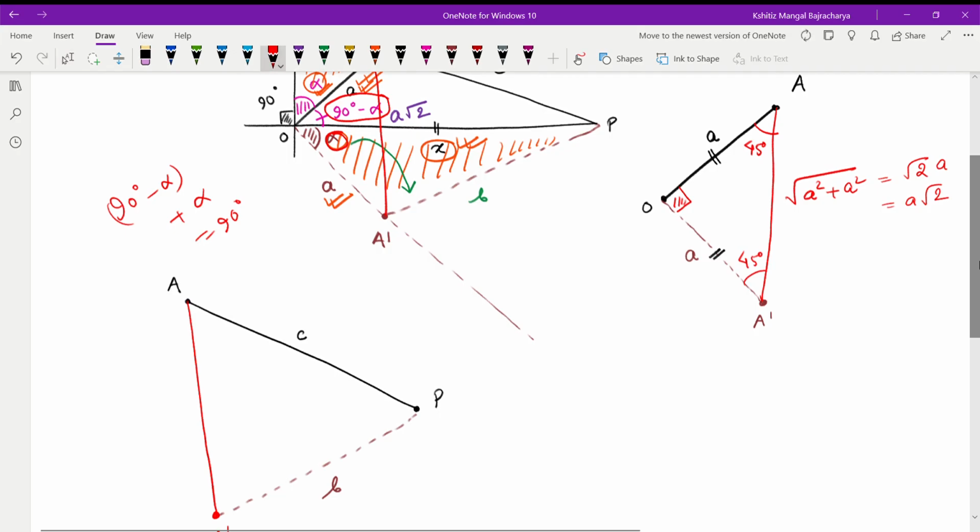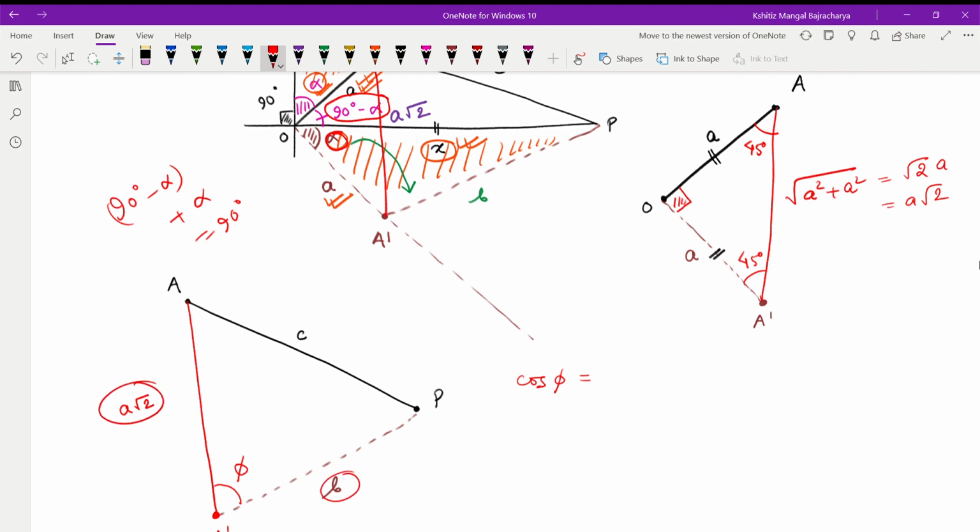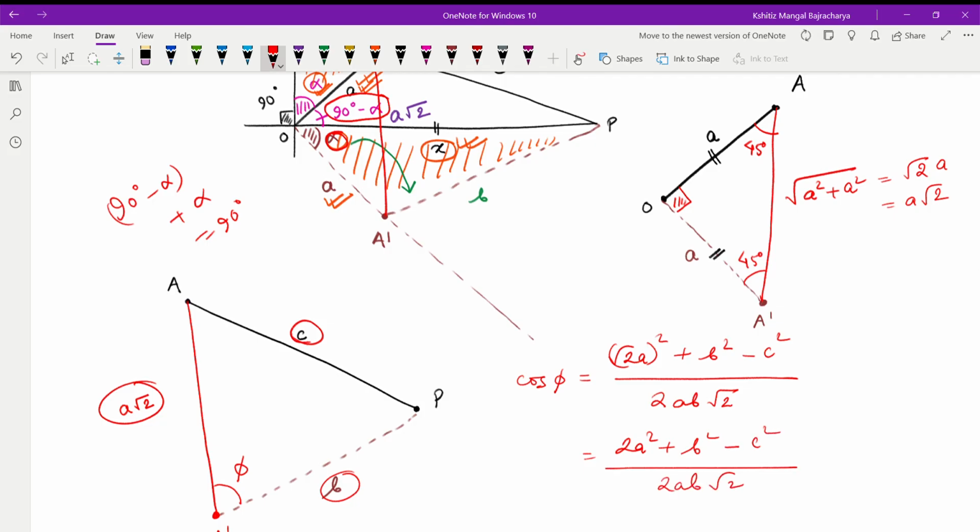This is a root 2, this is b, and let me call this angle phi. Then using the cosine law, cosine of phi is equal to this squared plus this squared minus this squared, so square root of 2 a squared plus b squared minus c squared over 2 times the adjacent sides, ab square root of 2. This will be equal to twice a squared plus b squared minus c squared over twice ab square root of 2.